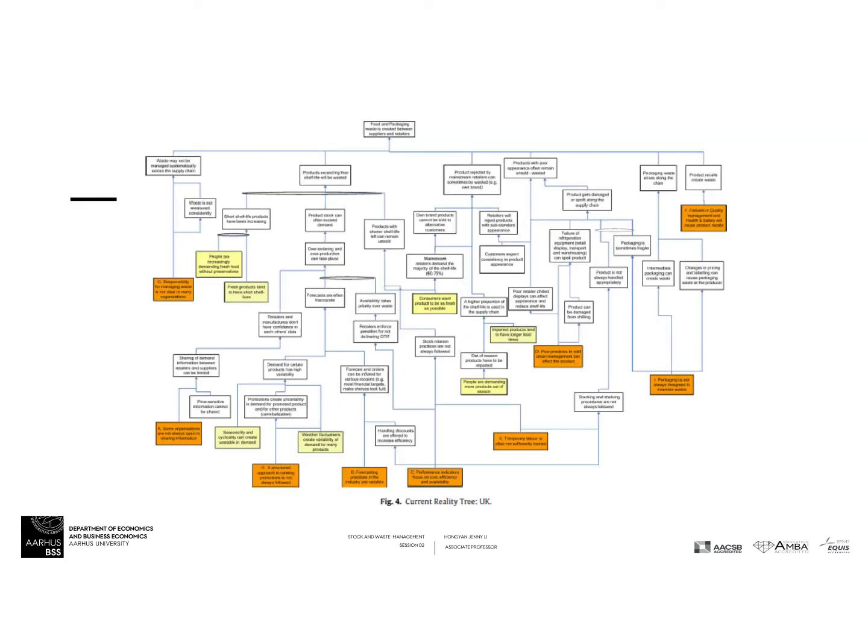Here is a root cause analysis using CRT, the current reality tree, in the UK, where the researcher interviewed the retailers in order to discover the root causes of the food waste. These orange blocks are the main management root causes of waste generation.